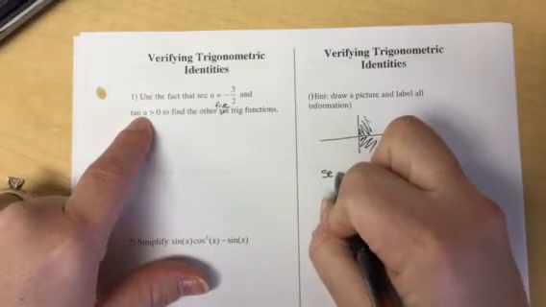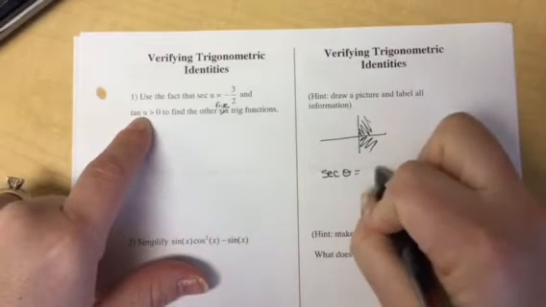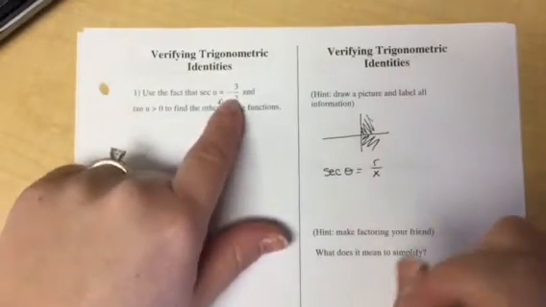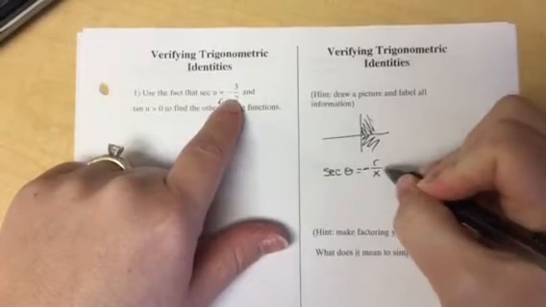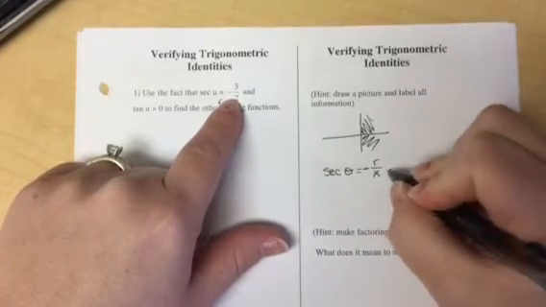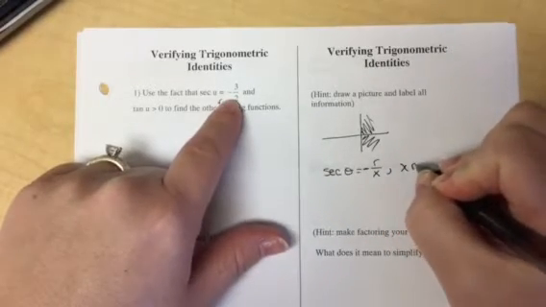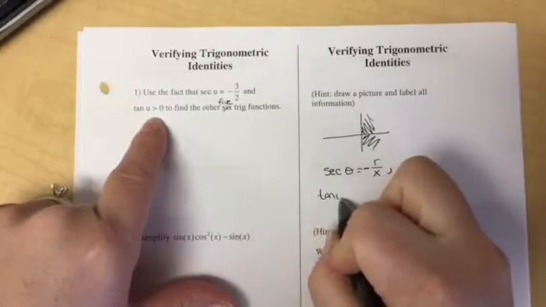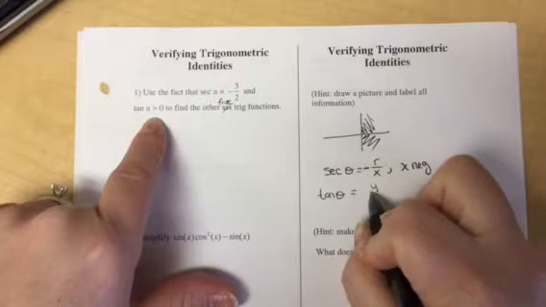Secant of any angle is equal to r over x. And we know from this statement right here that this has to be negative. Well, r is never negative, so now we know x is negative. Then tangent of any angle theta is equal to y over x.